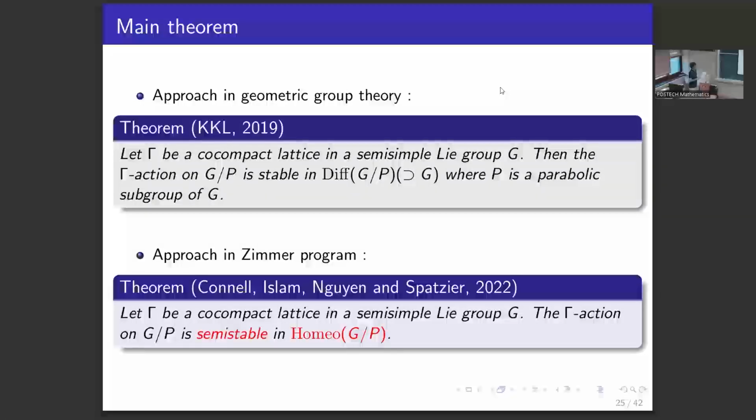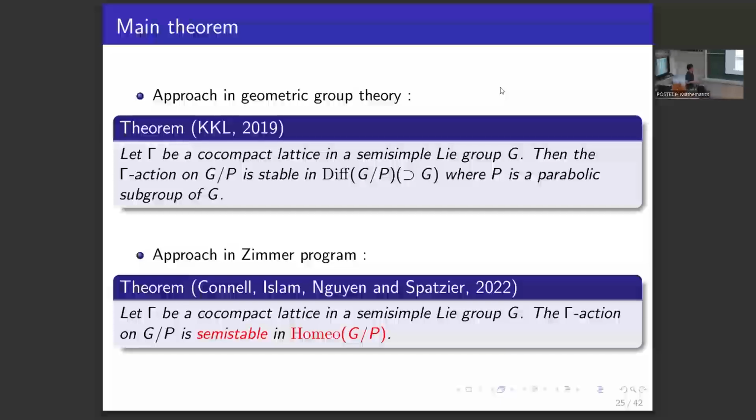So after our work, Cornell and Ram and this group, Spatzier, three years later, actually grouped in the G/P program, they are studying some discrete group action of the higher rank semi-simple Lie group.